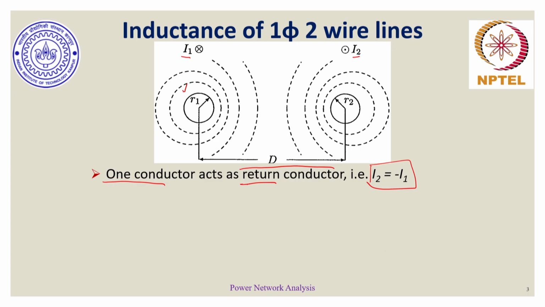The directions of these currents might change if these currents are AC, or they may remain the same as shown over here if these are DC currents: I1 entering into the plane of the slide, whereas I2 is coming out of the plane of the slide.